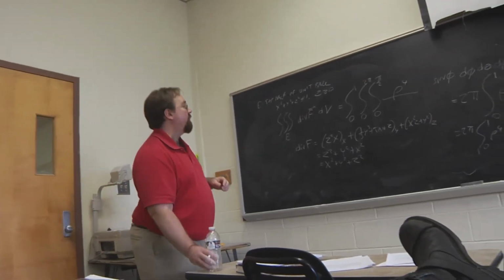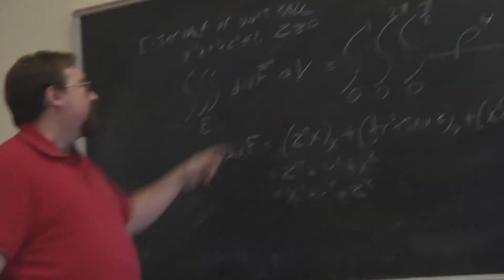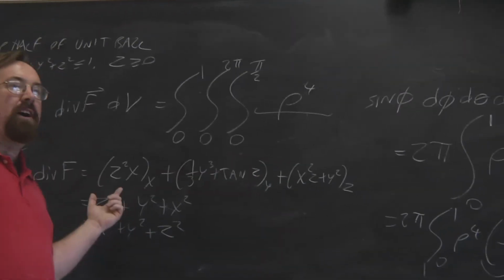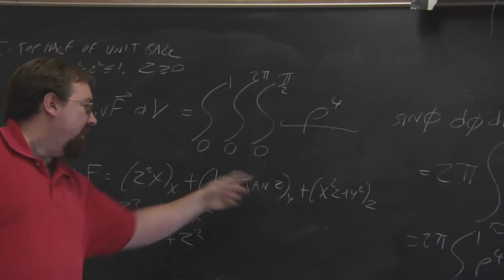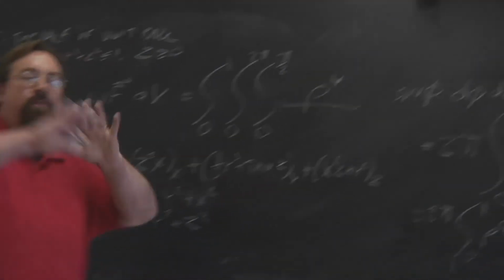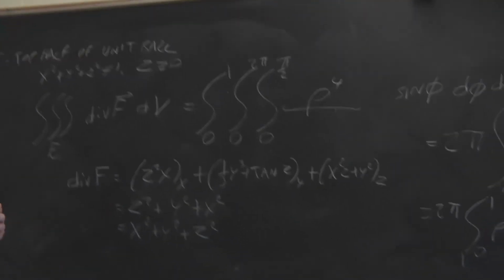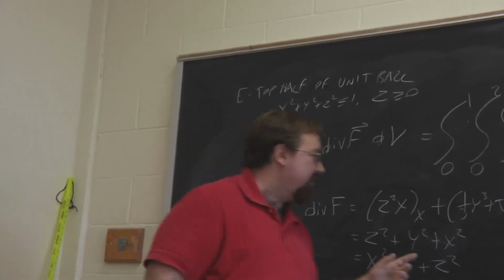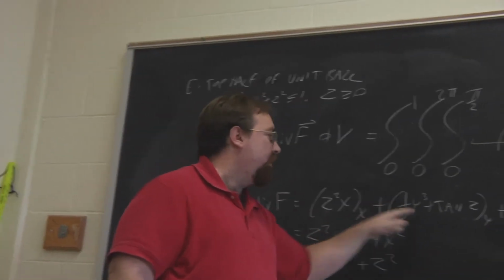So what happened here, the reason why applying the divergence theorem is a good idea, is because when you compute the divergence of this vector field, it's really simplified. Whereas if you were going to evaluate the integral of the normal component of this over the top half of the sphere directly, then you'd still have this whole thing in here, all of these components.